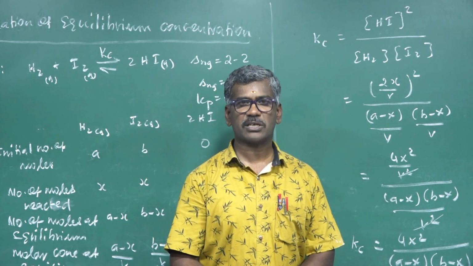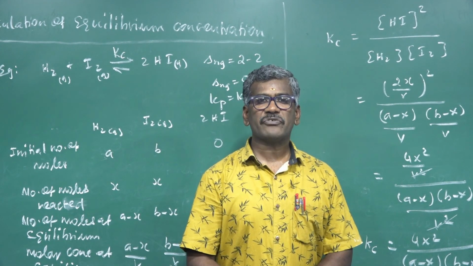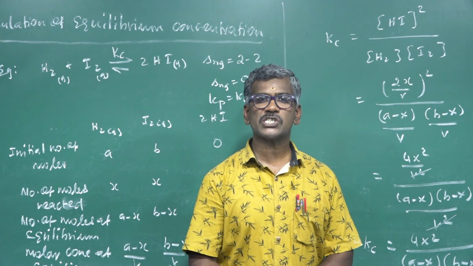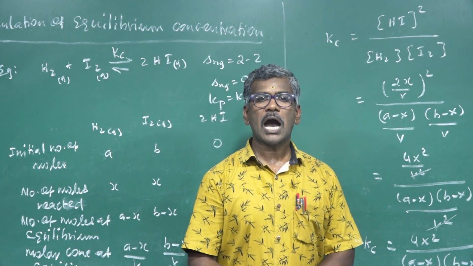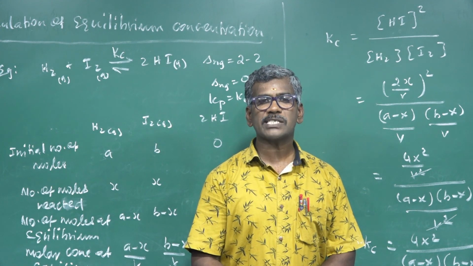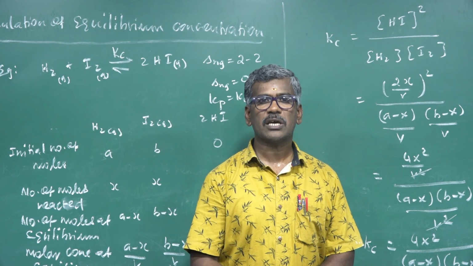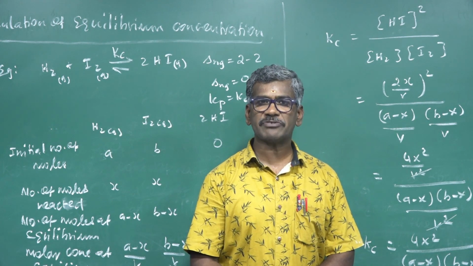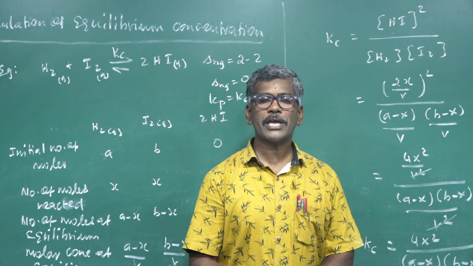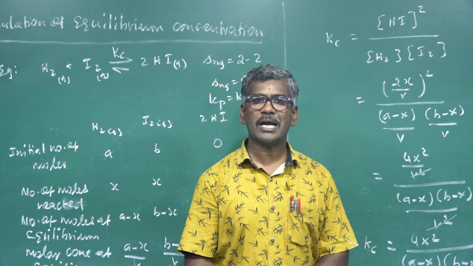This is the first derivation. Another one is the characteristics of the equilibrium constant. Next, applications of the equilibrium constant. There are three types: the equilibrium constant helps us predict the extent of the reaction, predict the direction of the reaction, and calculate the equilibrium concentration. This type of question may be asked for 1 mark, in both theory and NEET.